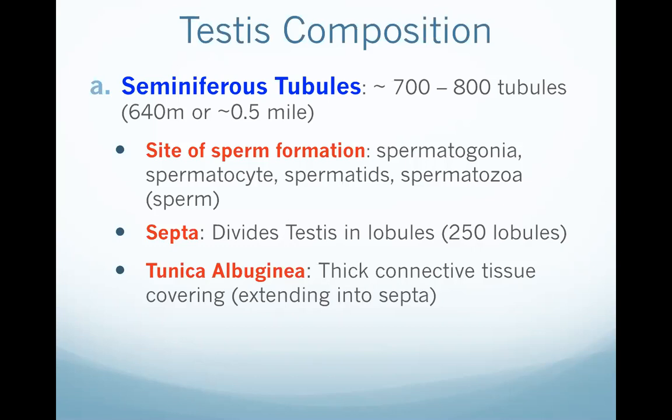When we look at one of those little tubules in cross-section, we'll notice that around the outside edge are what we call spermatogonia. These are sex cells that have 46 chromosomes that are resident throughout the male's entire life. These resident spermatogonium will always go through a process of mitosis first, and then they'll go through a process of meiosis after.